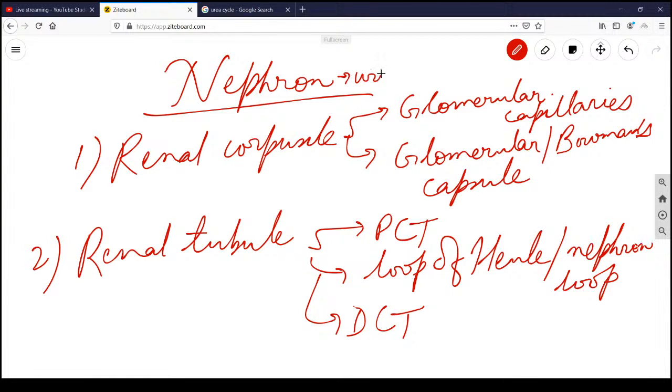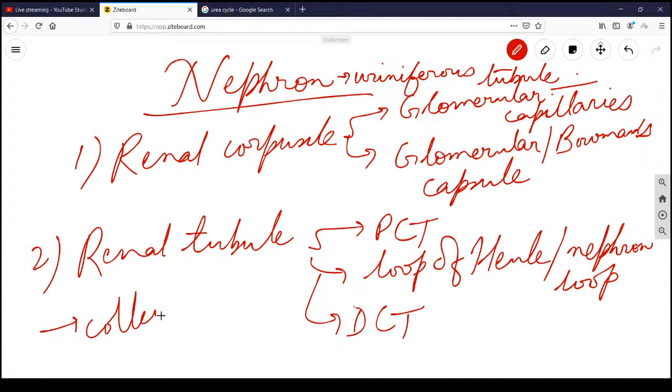Okay. Uriniferous tubule. This is the correct answer. Okay, so collecting duct is not a part but is produced from or emanates by the amalgamation of various DCTs of various nephrons, right?